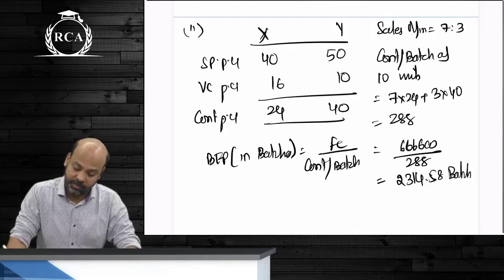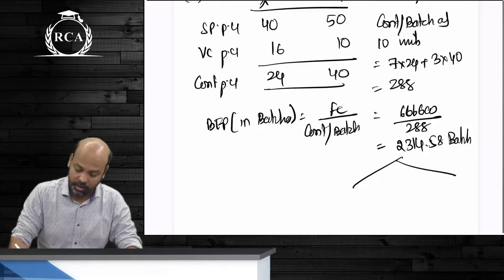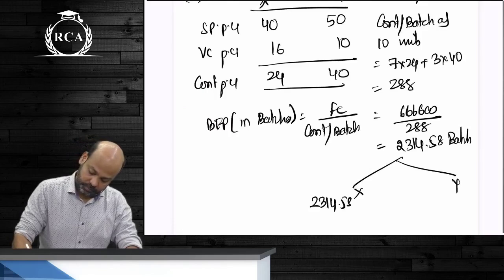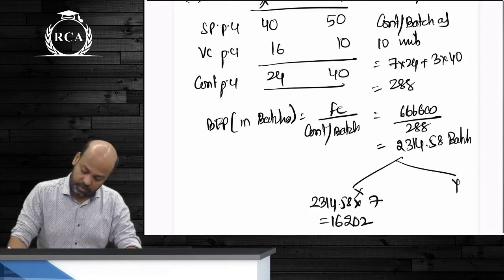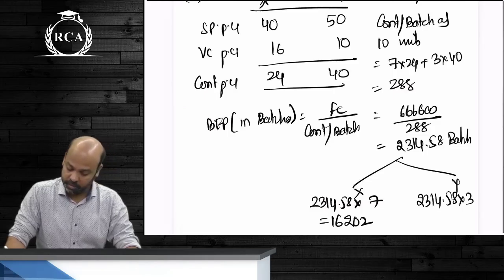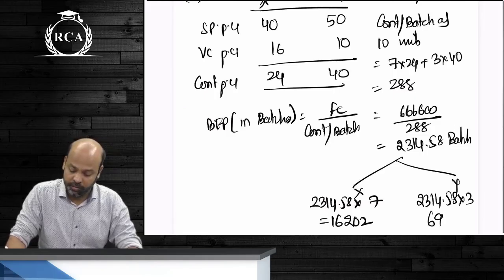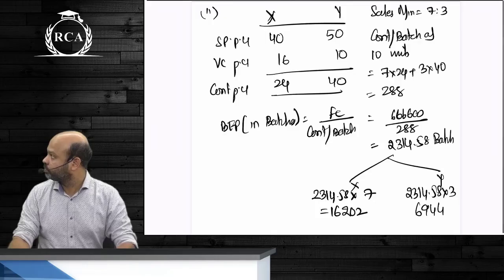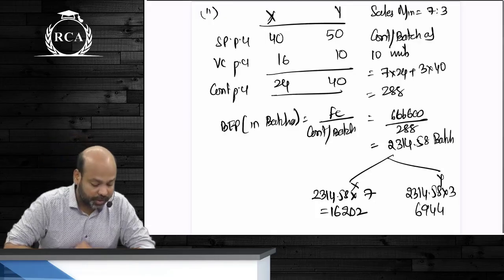This multiplied by 7 and into 3 will become X and Y. 16,202, and 2314.58 multiplied by 3, 6,944. This will be the number of units. Please check. Compute contribution per batch and get the answer.